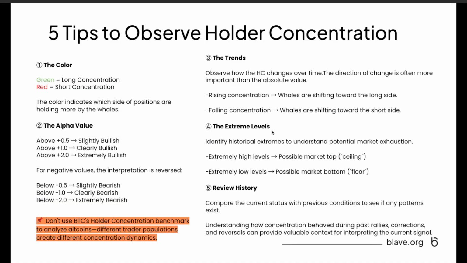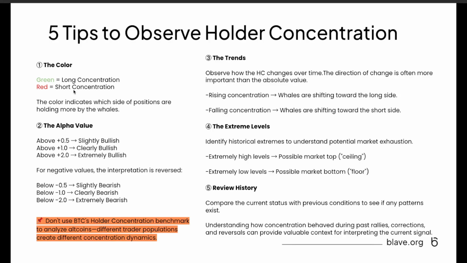And here are 5 tips for you to observe holder concentration in your real trading activities. The first one is the color. This is quite simple, right? When holder concentration is green, it is under the long concentration status, and in red, it means the token is under short concentration.